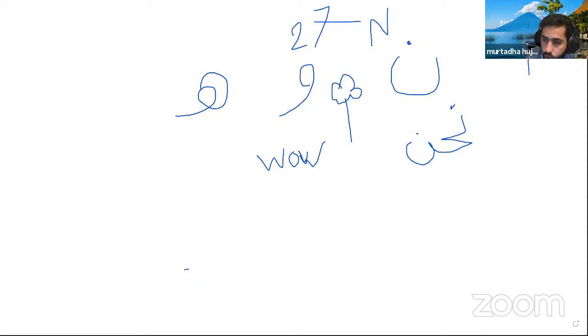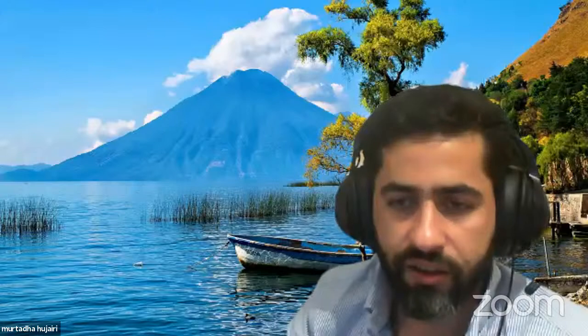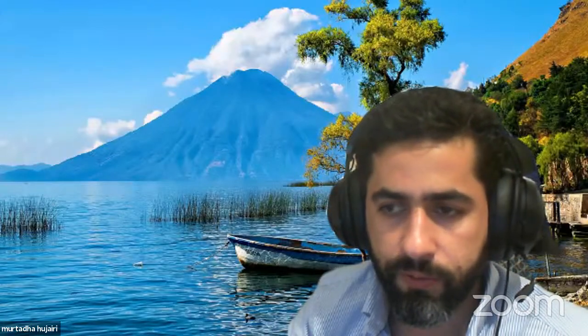His name is Hudhud. Hudhud. What is Hudhud? The one with the two horns. It is a bird.